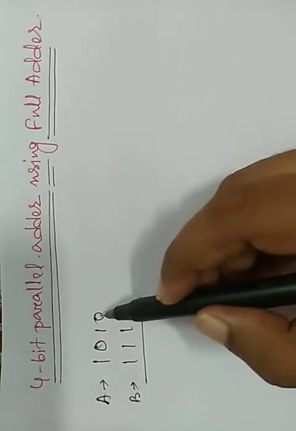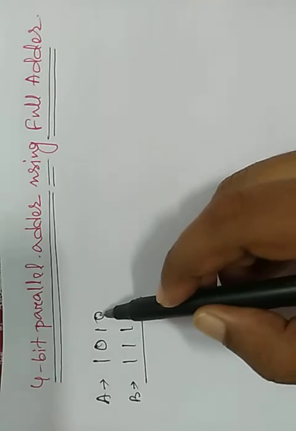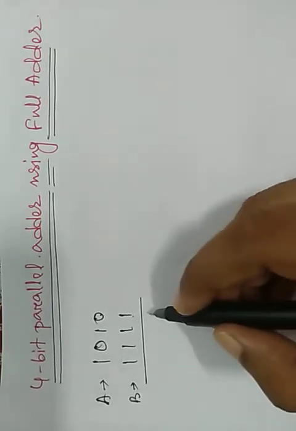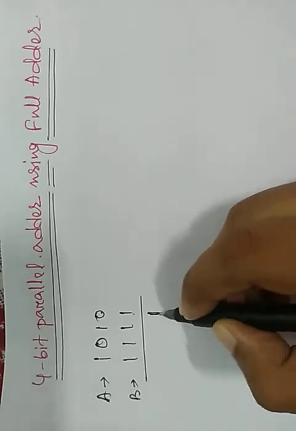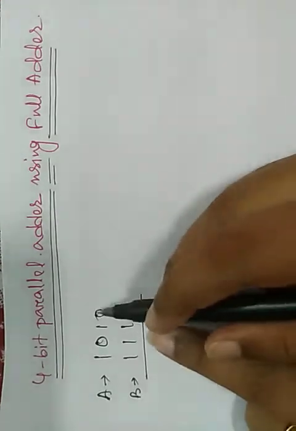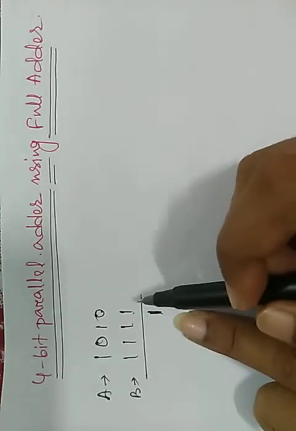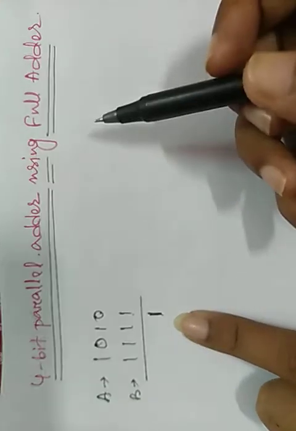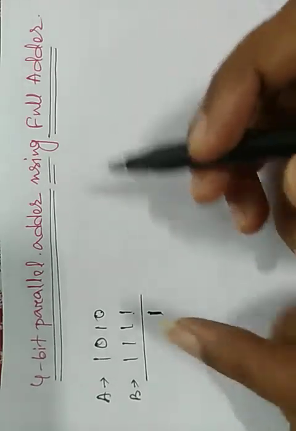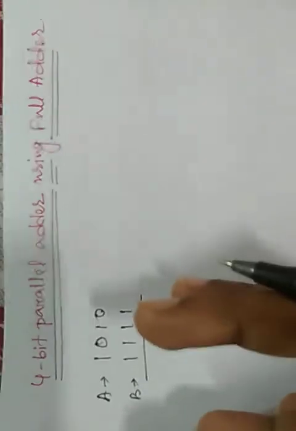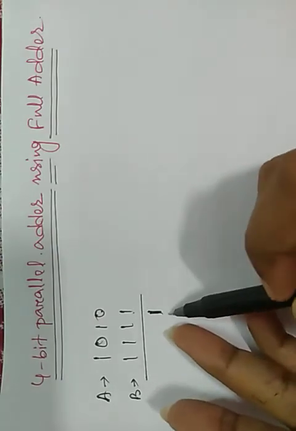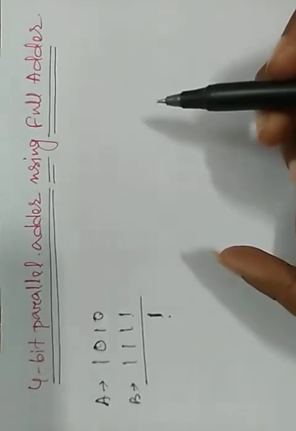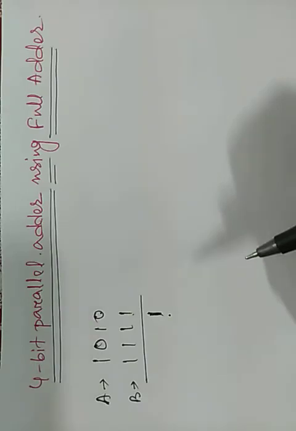Whenever we add two numbers, 0 plus 1, we get the value 1, so there is no carry out. We know that in the addition process, when we use a half adder or full adder, for a half adder we get a carry out, and in a full adder we get a carry in as well as a carry out.